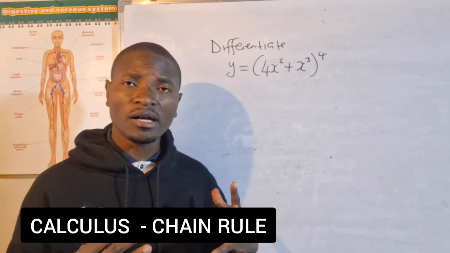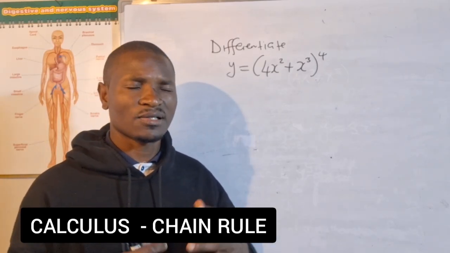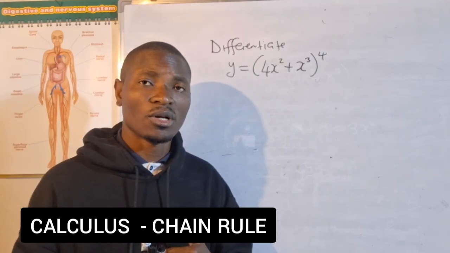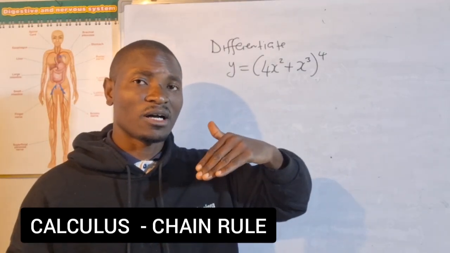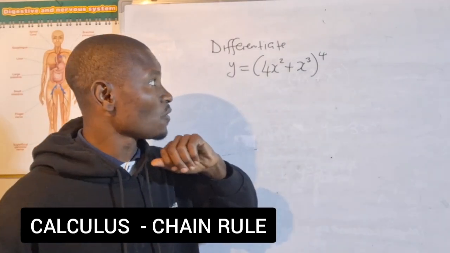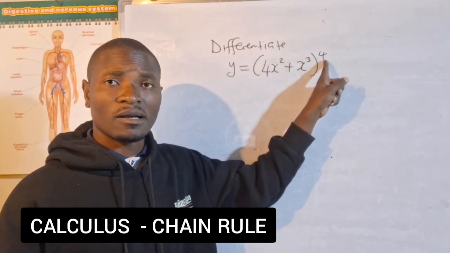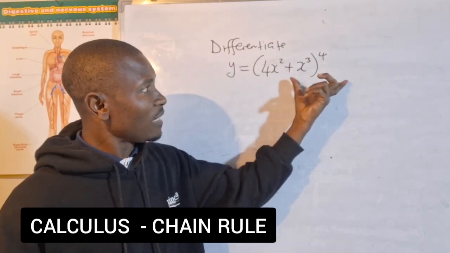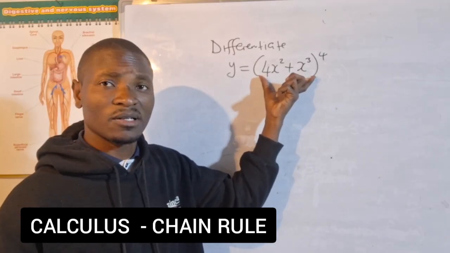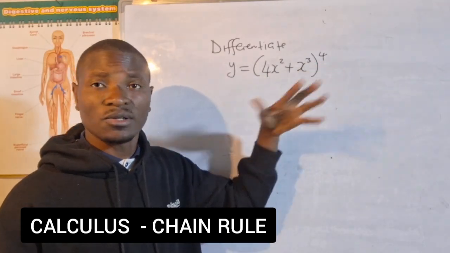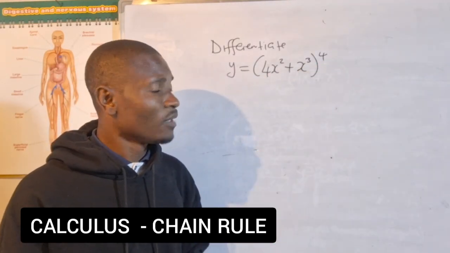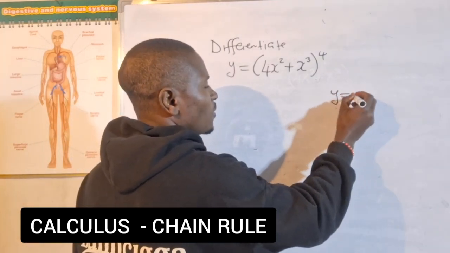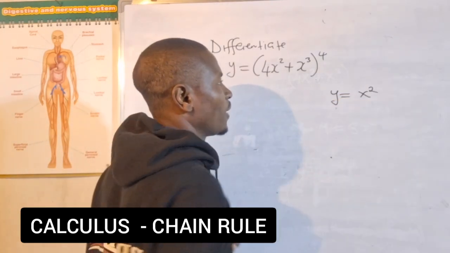Sometimes in calculus, the mathematical expressions begin to move up in terms of degree levels. So for instance, you have power 4, okay? This term in the bracket is raised to the power 4, as opposed to something like y equals x squared.